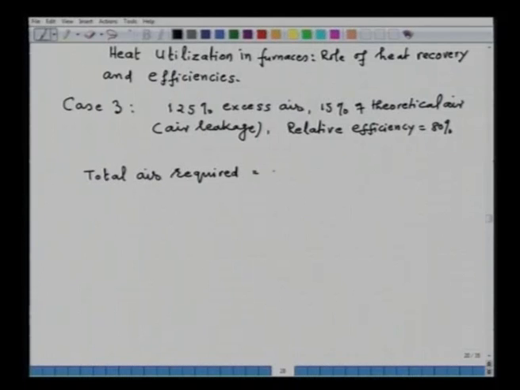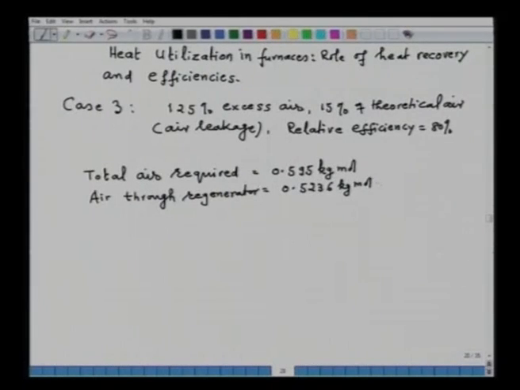that will be equal to 0.595 kg moles. Now, the air through the regenerator will be equal to 0.5236 kg mole.